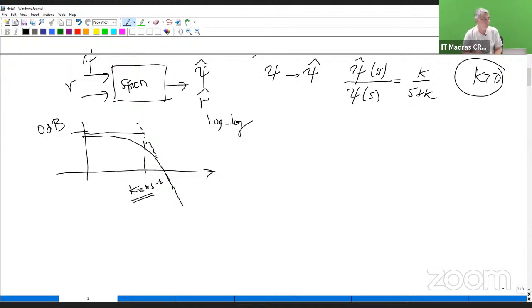So why is this important? Because when the manufacturer gives you the compass, or if you do some experiments, you should have an idea, I'm not being very rigorous here, over which region of frequencies the compass is good.